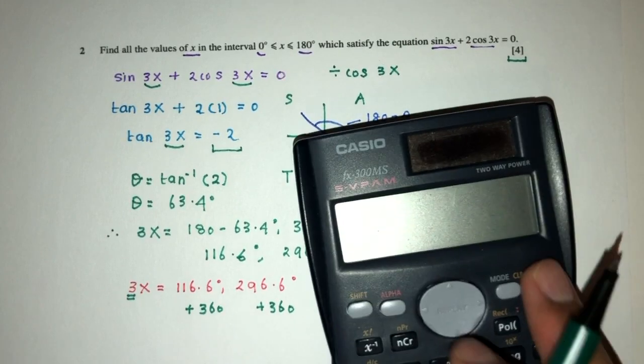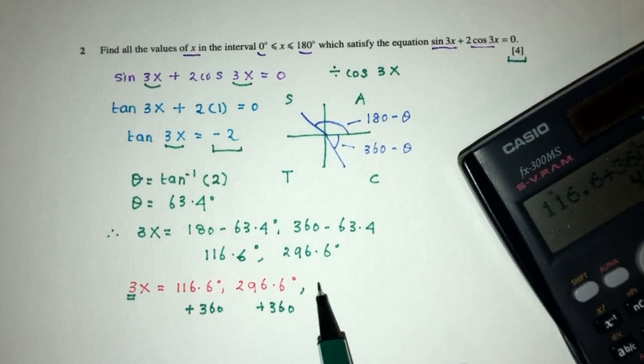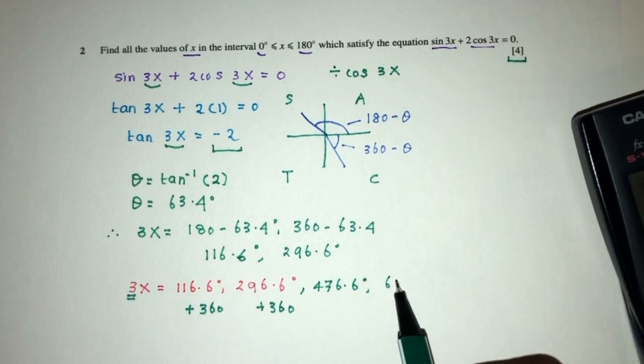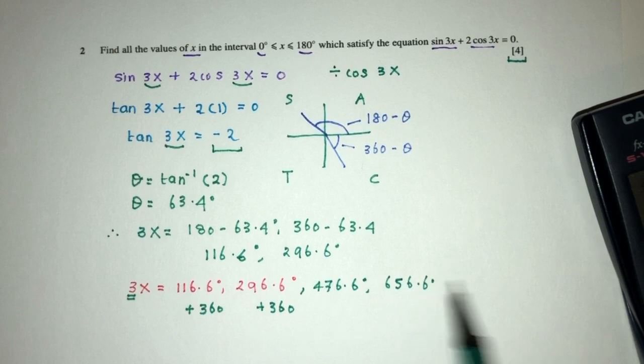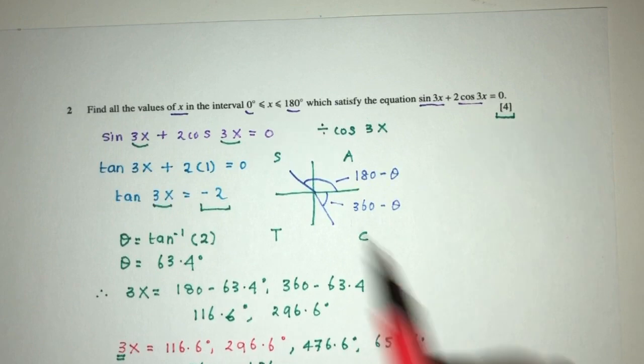Other values may also be eligible for our answers. Let's check. 116.6 plus 360 will be 476.6, and 296.6 plus 360 will be 656.6. Another way to look at this is to look at the interval.